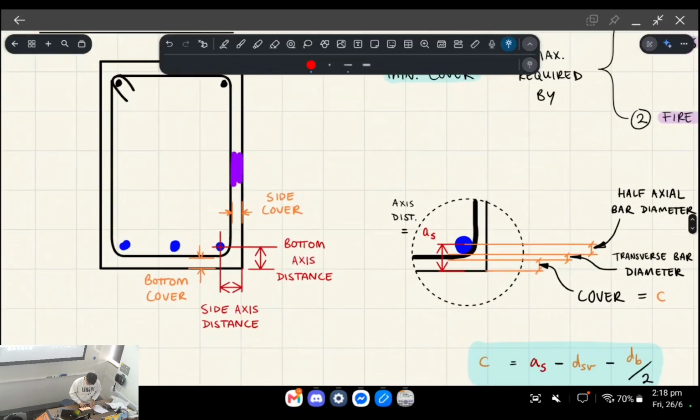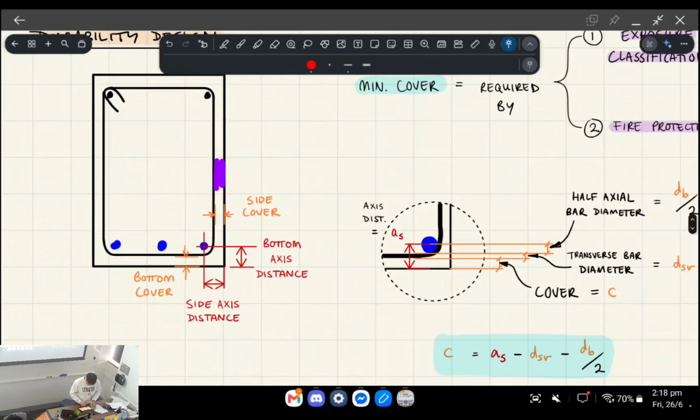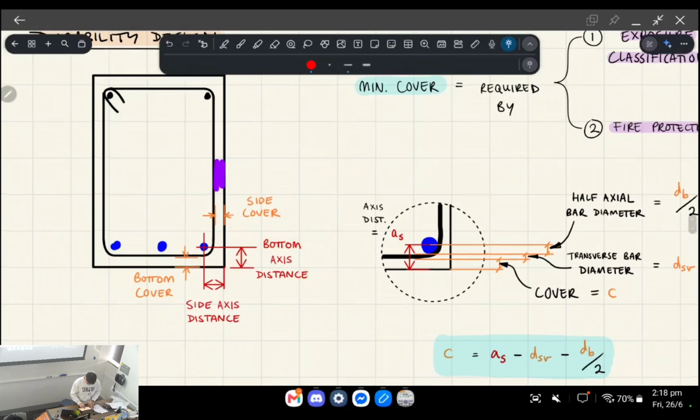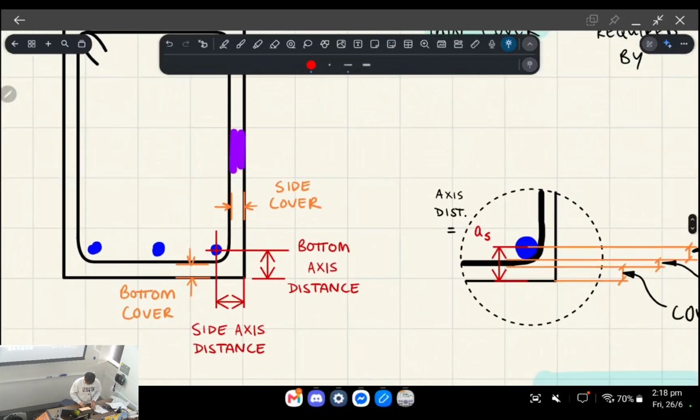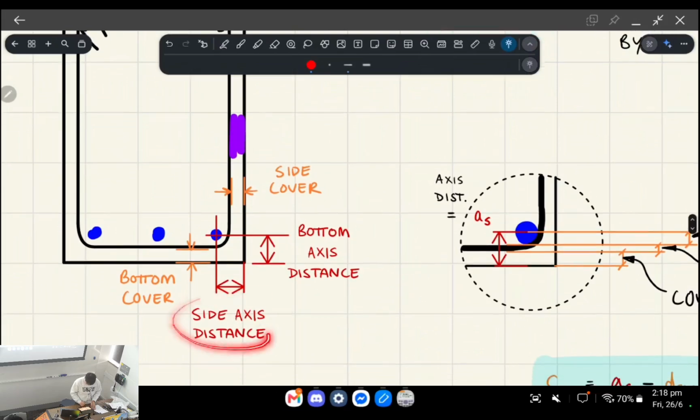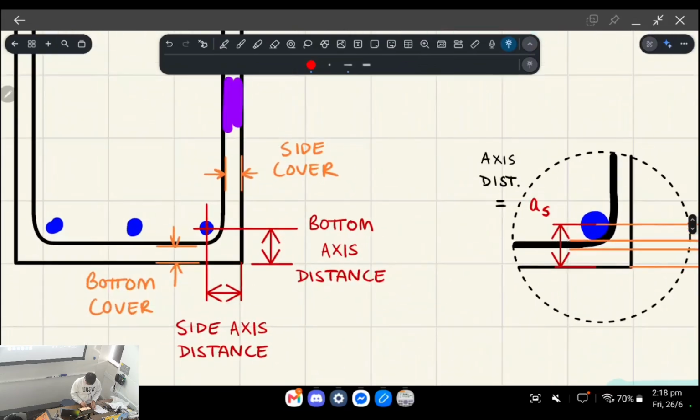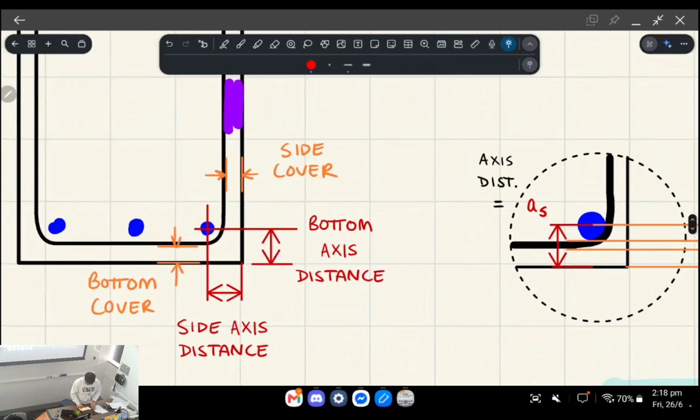Some words I want to familiarize you guys with are cover and axis distance. Cover is the amount of concrete before you reach any steel, and axis distance is from the edge of the concrete to the middle of the longitudinal reinforcing bar.